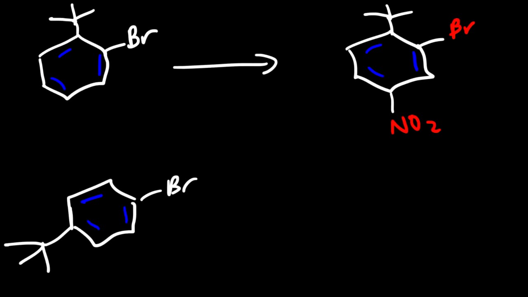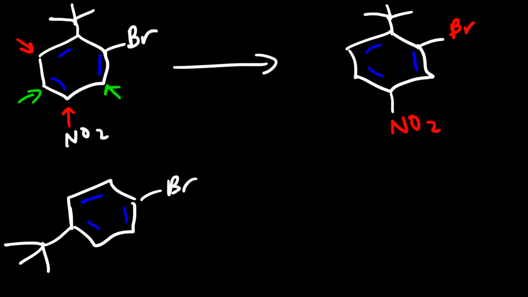But let's continue. Now, if we add NO2 to this ring, the tert-butyl group wants it to go in the ortho and in the para position. Bromine wants the NO2 group to go to the ortho or the para position. And so these two are competing with each other, but the tert-butyl group is weakly activating, the bromine group is weakly deactivating, so we could get the NO2 group here because it's going to be hard for the NO2 group to go there because of the bulky tert-butyl group.